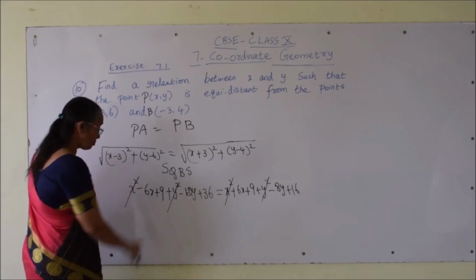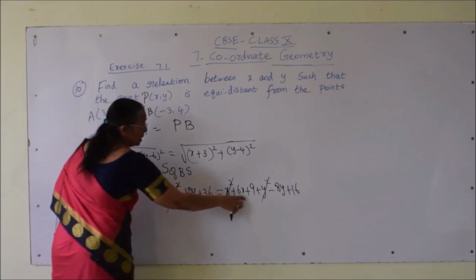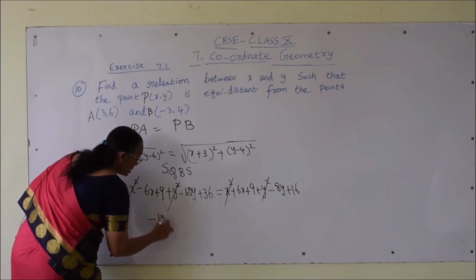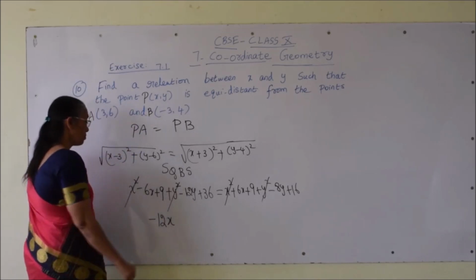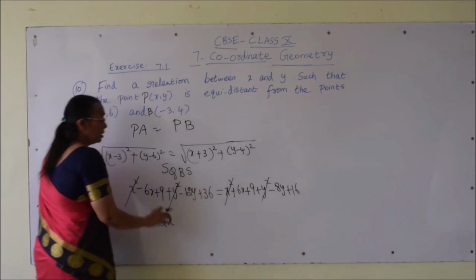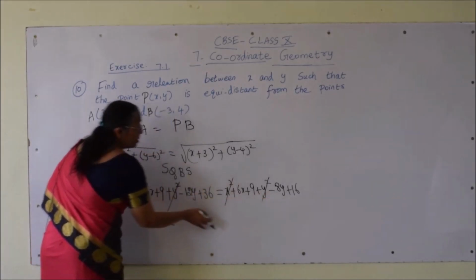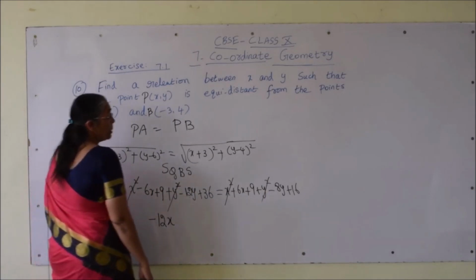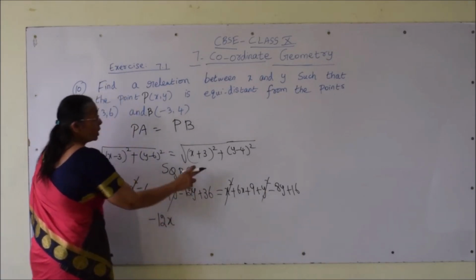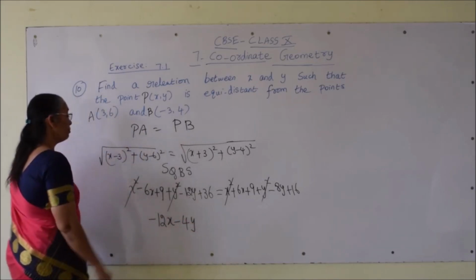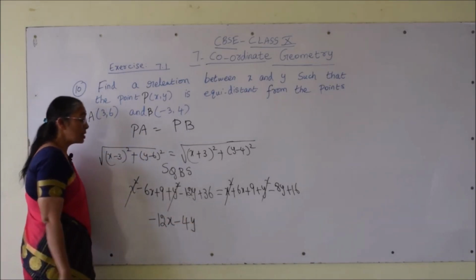Minus 6x, let me bring the 6x term here. So, minus 6x minus 6x is minus 12x. Let me check the y term. Here minus 12y, and I am bringing minus 8y here, it will become plus 8y. Minus 12y plus 8y is minus 4y. Let us take the constant term.